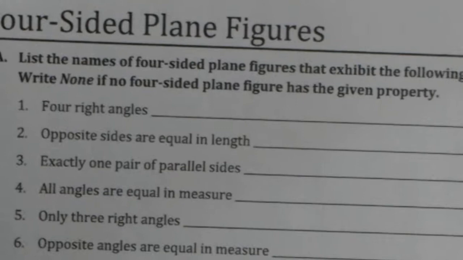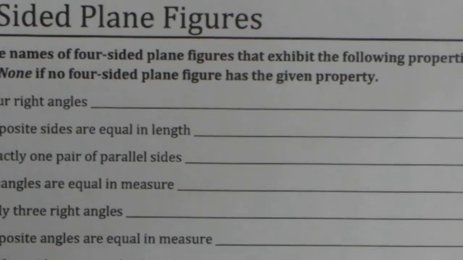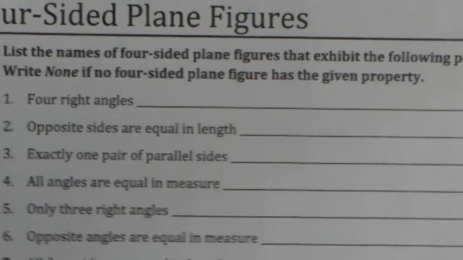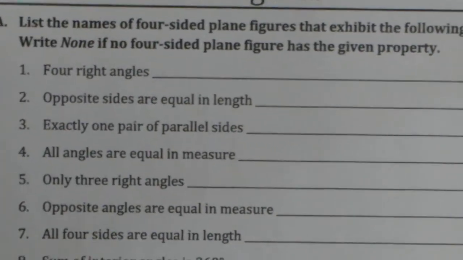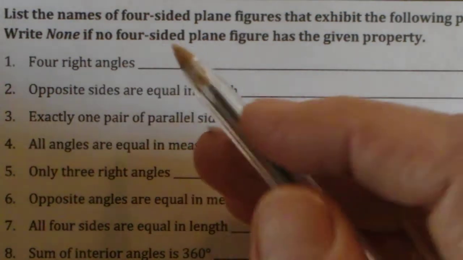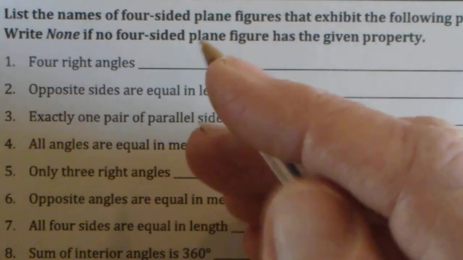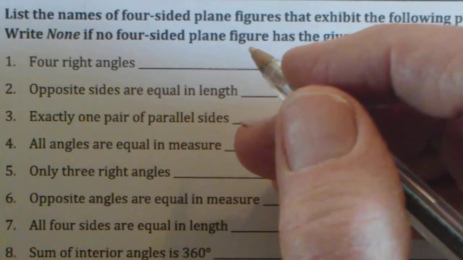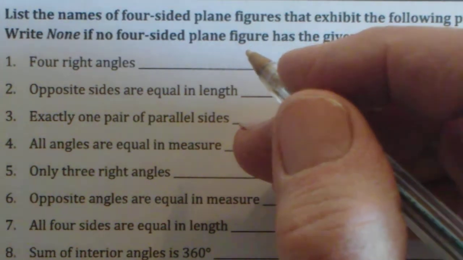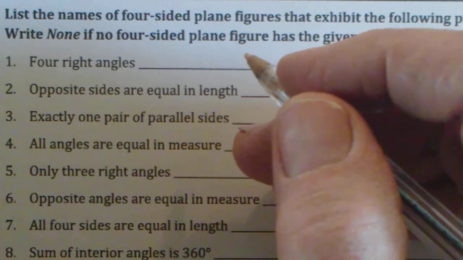Okay. List the names of the four-sided figures that exhibit the following properties. Write none if no four-sided figure has this given property. Four right angles. Well, you know that. Which ones have four right angles? You can refer back to the other page, the graph of the shapes, if you want.